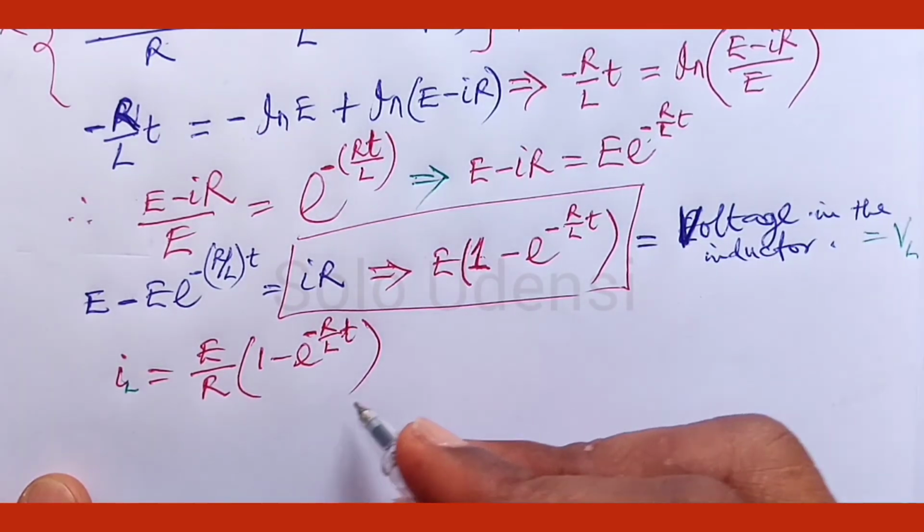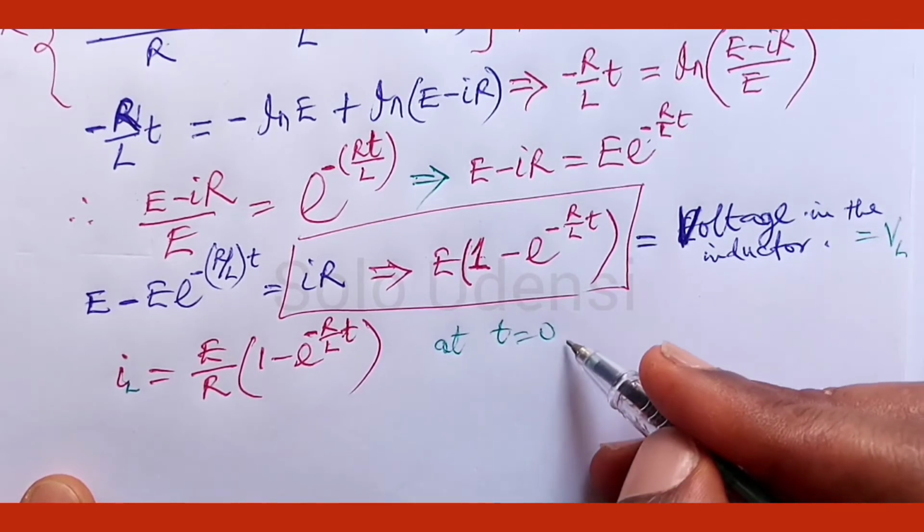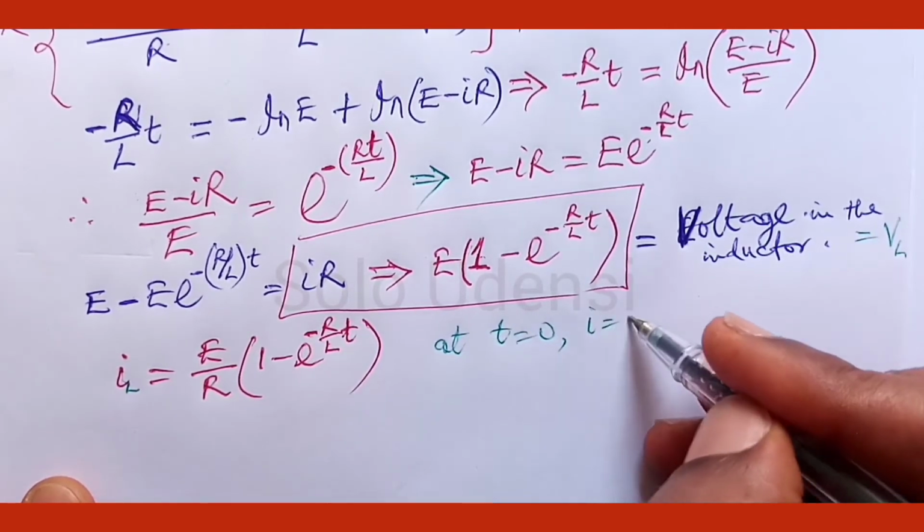you see that at t is equal to 0, I is equal to 0.